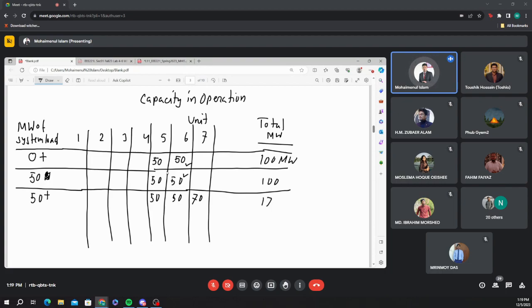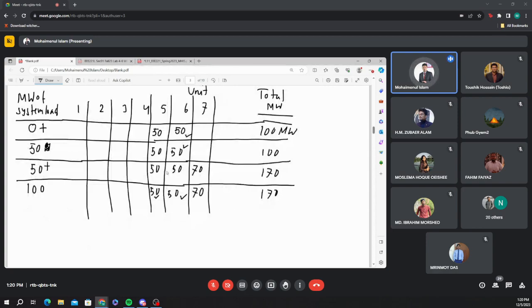You can provide the 170 megawatt load, but your load demand is 50 plus, maybe 60, 70, 80, 90, like that. And after that, this load demand is increasing, and at some point it will reach 100 megawatt. So if it is 100 megawatt, your plant 1 50, plant 2 50, will provide you that 100 megawatt, no worry. So the 70 megawatt is your extra. So no problem. Your third plant is running, so no issues up to 100 megawatt.